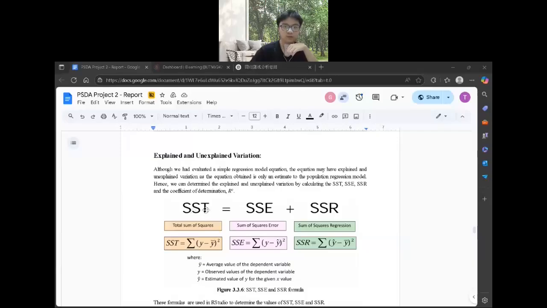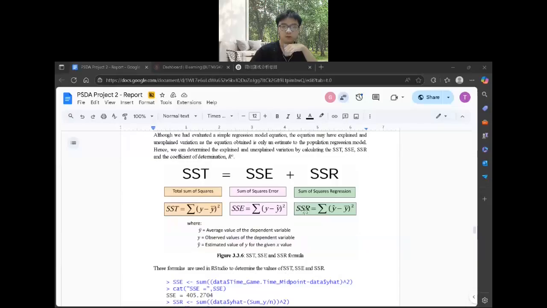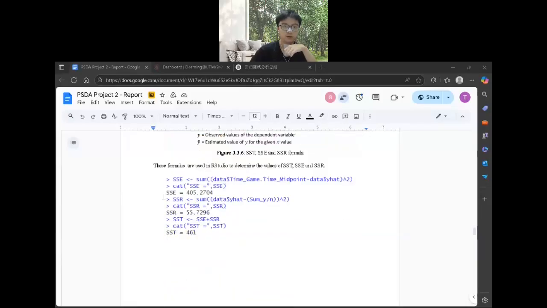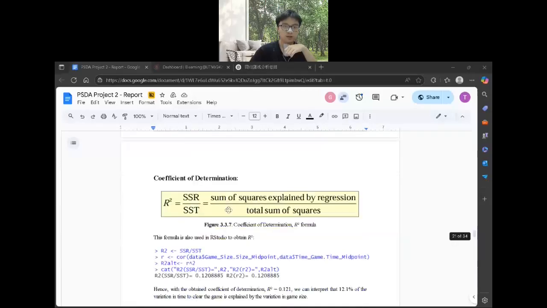First, let's talk about these formulas. SST means the total sum of squares, SSE means the sum of squares error, and SSR is the sum of squares regression. These formulas will be applied in RStudio, where each variable contains its values.